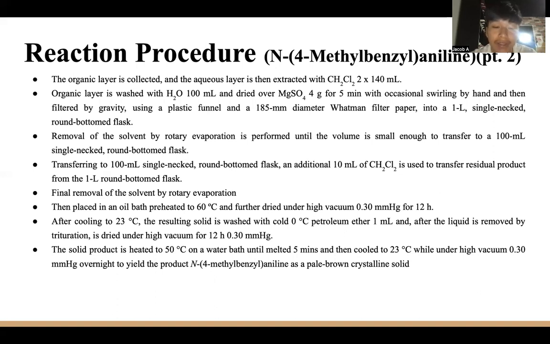The solid product is heated to 50 Celsius on a water bath until melted, 5 minutes, and then cooled to 23 Celsius under high vacuum, 0.3 mmHg, overnight to yield the product N-4-methoxybenzyl aniline as a pale brown crystalline solid.